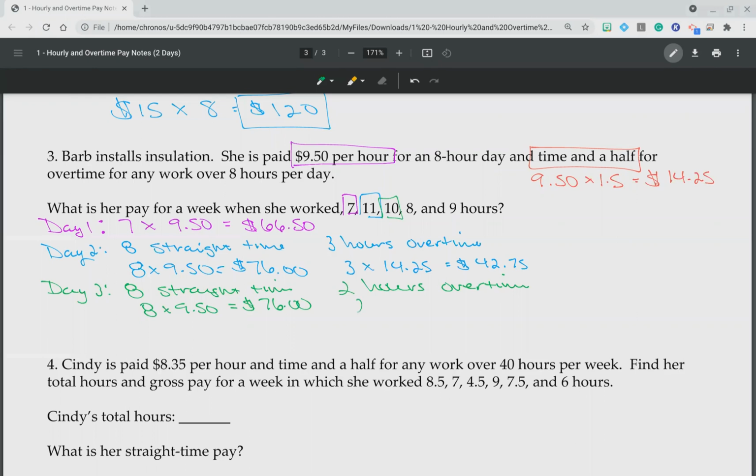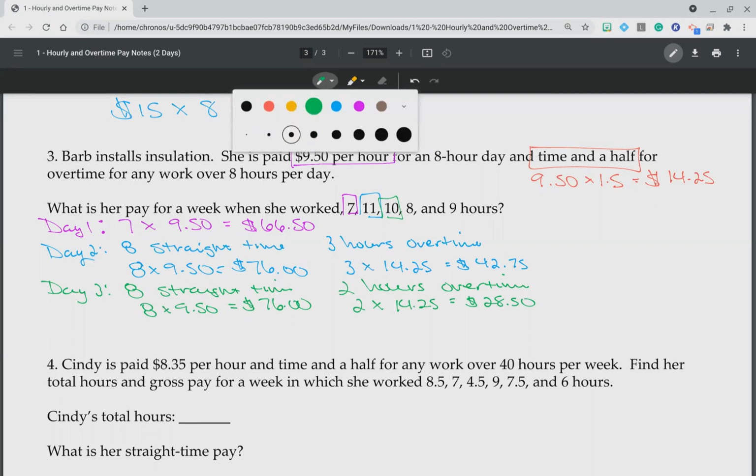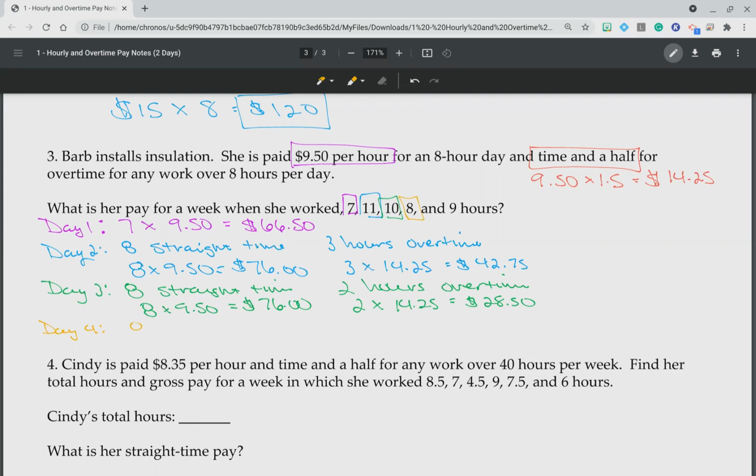And then we're going to take our 2 hours overtime and multiply it by that overtime rate, which is $14.25, and that would be $28.50. All right, day 4. She worked 8 hours. So no overtime that day. That would just be 8 times $9.50, which is still $76.